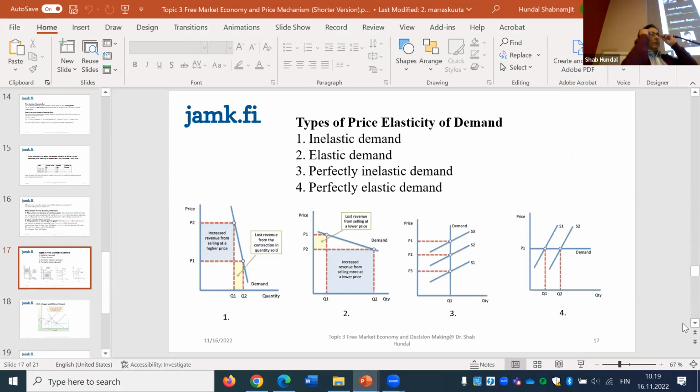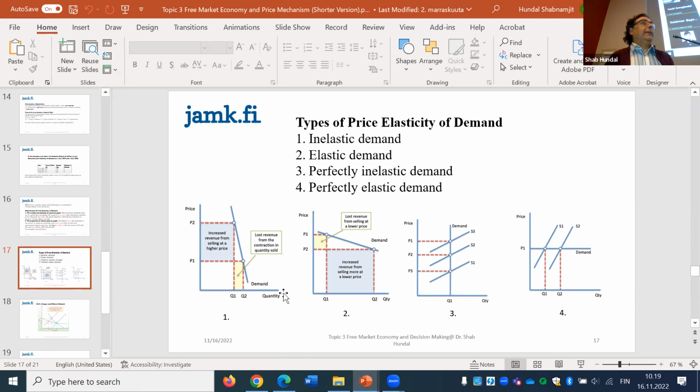All right, now different pictures. If you look at all these demand curves, these blue lines, especially in the first part and the second part, the demand curve is downward sloping. Only please focus on diagram 1 and 2, don't look at 3 and 4. Is the demand curve downward sloping?